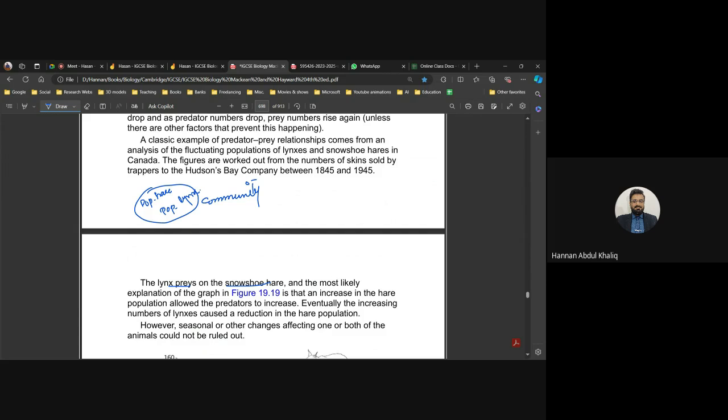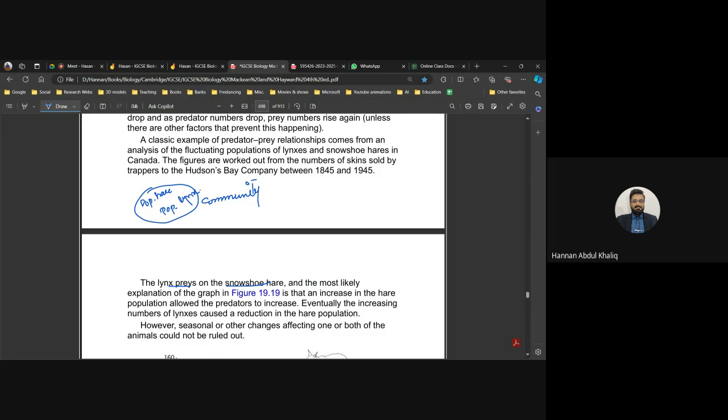This is the existence of a community. But the lizards, flies, ants, humans are populations in themselves. Why? Because they belong to the same species, they are individuals of the same species, so they are populations in themselves. Okay, moving on to next.